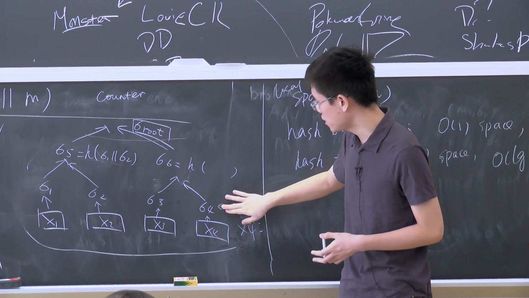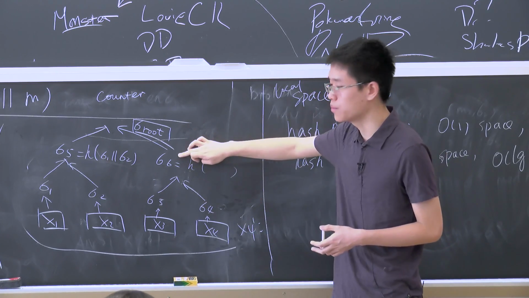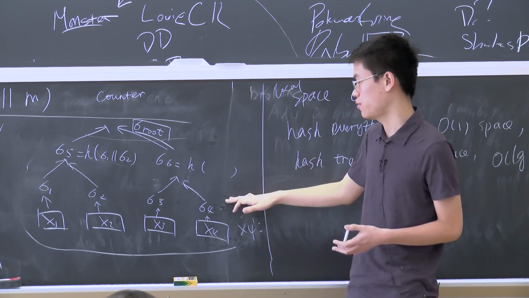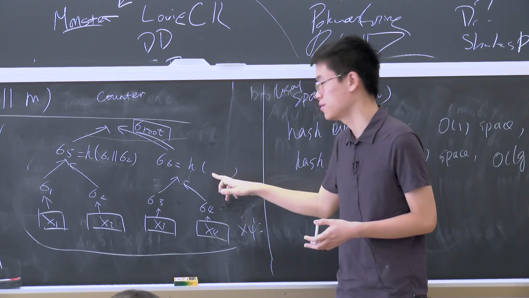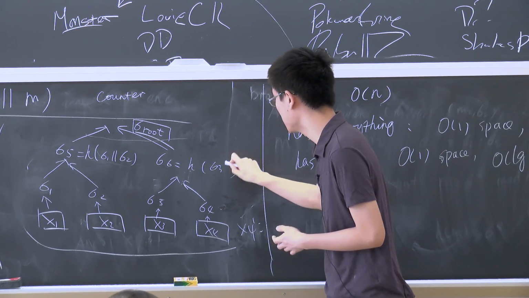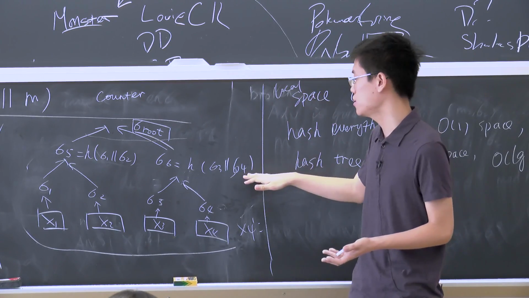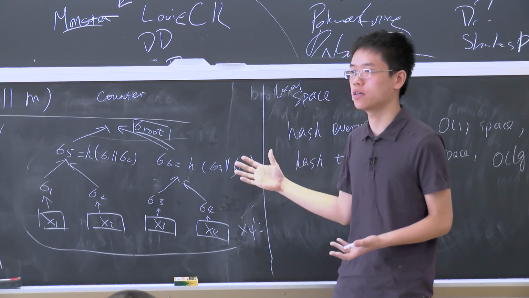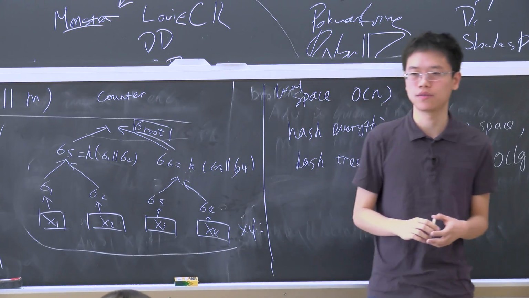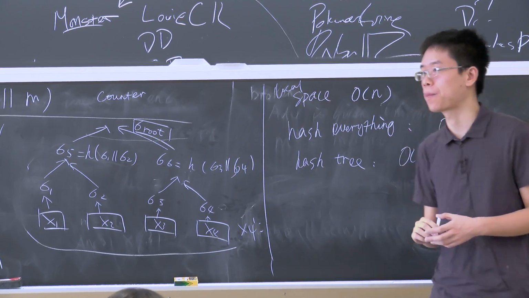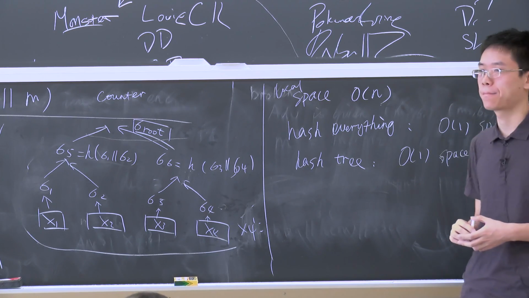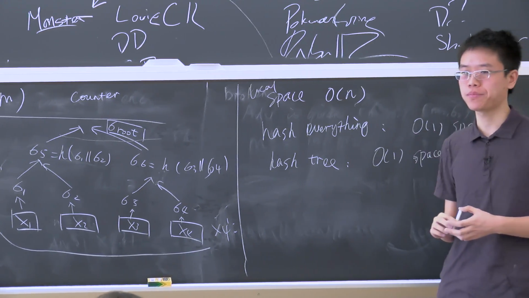So if this sigma 4 changes, then sigma 6 will change. Otherwise, I have found a collision, because this sigma 3 concatenated with the new sigma 4 is my collision. Right? So same argument, either this one changes or I have found a collision. I repeat the argument all the way to the root. Okay?